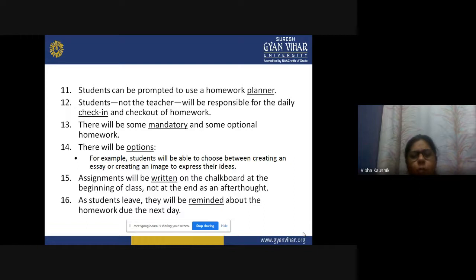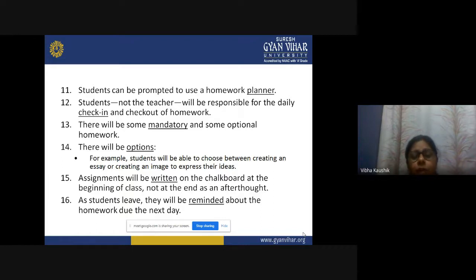You can give some options to the students that they can opt for at the time of assignments. You can give them the choice that either they have to create an essay or they can create an image, and the objective of both of these is that they have to express their ideas.